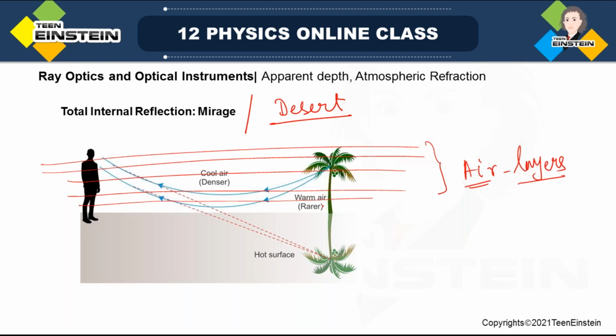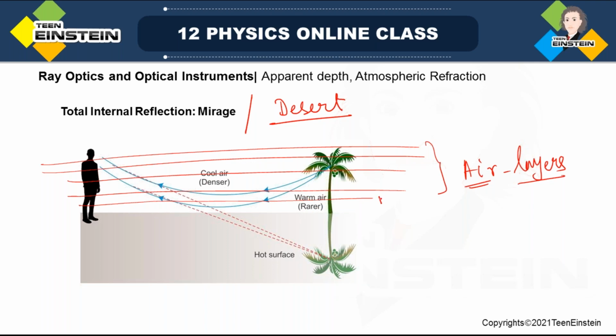Because of the warm air, this happens in the hot sun, hot summer, in normal places or maybe in the desert, it happens generally. Due to hotness the air gets rarer.